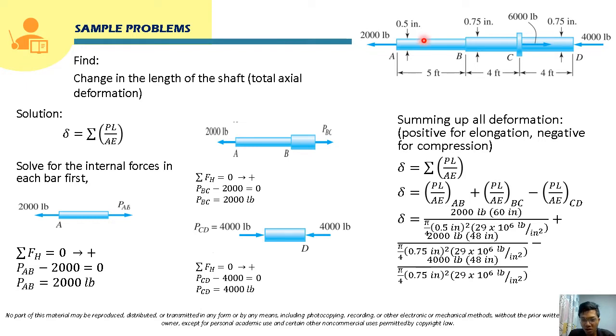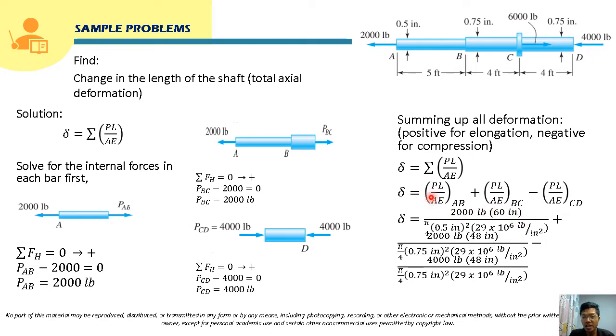The given modulus of elasticity here is 29 times 10 raised to 6 psi, and psi is pound per inch squared. So let's convert feet into inches: 5 feet times 12 to make it inches, so that will be 60 inches.